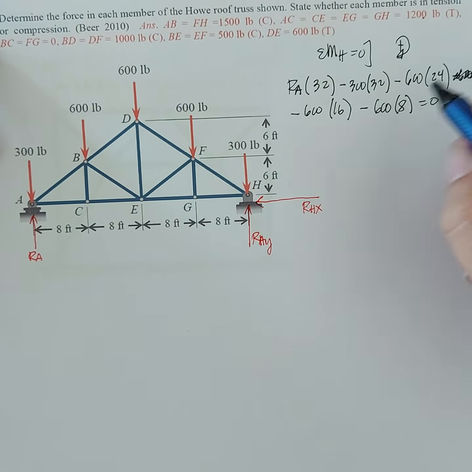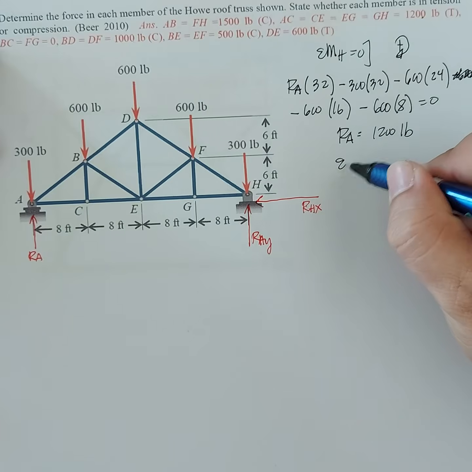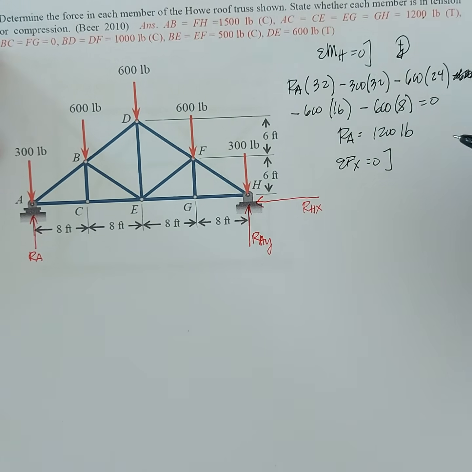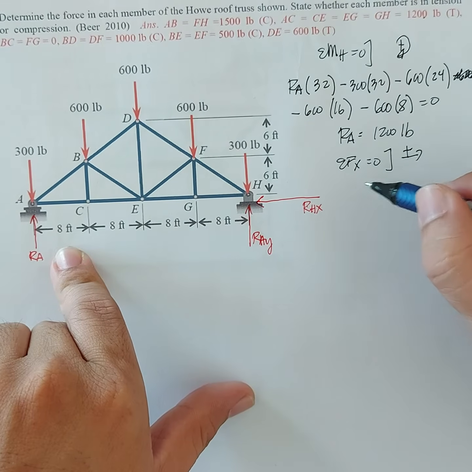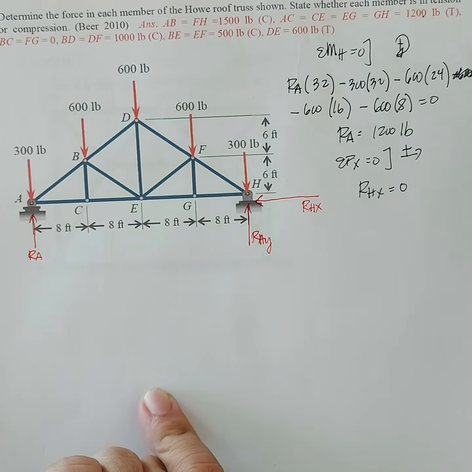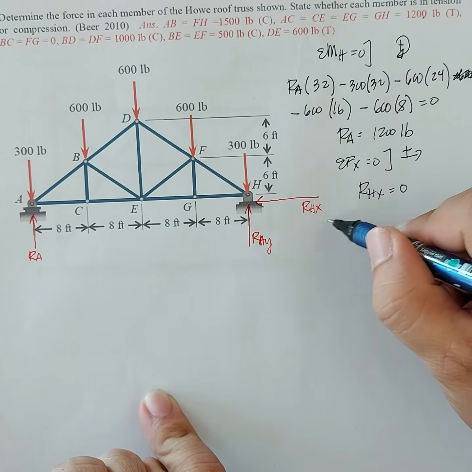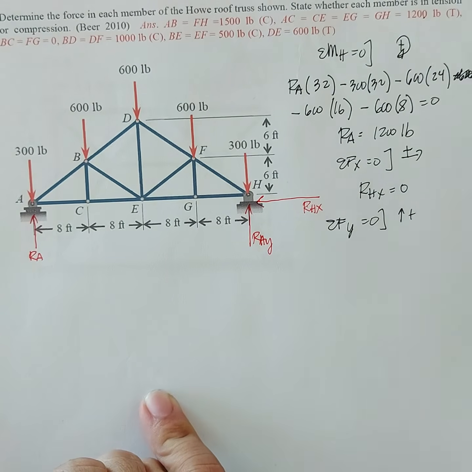So then we equate this to 0. Obviously, RA is equal to 1,200 pounds. Then the summation of forces along the x-axis, with horizontal forces to the right positive. We only have RHX, so RHX is 0. There are no other horizontal forces. Then the summation of forces along the vertical y-axis is equal to 0, with upward forces positive.